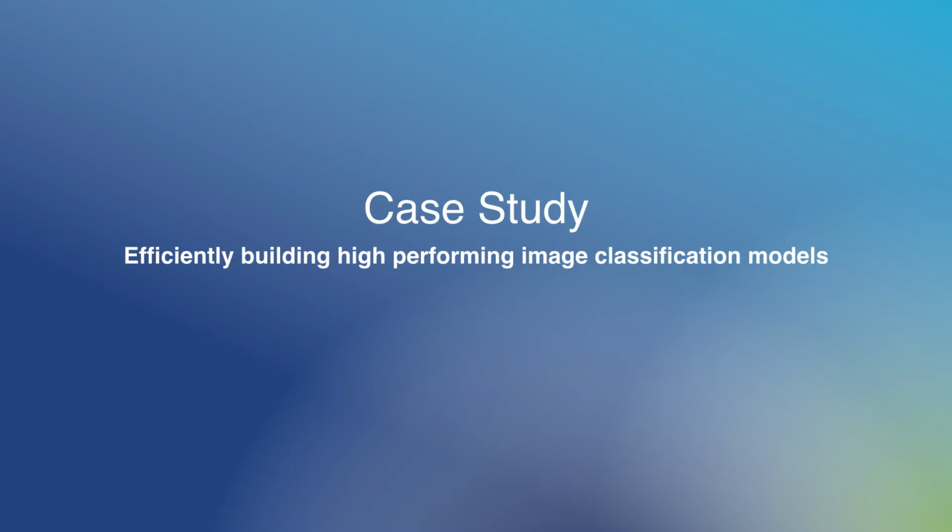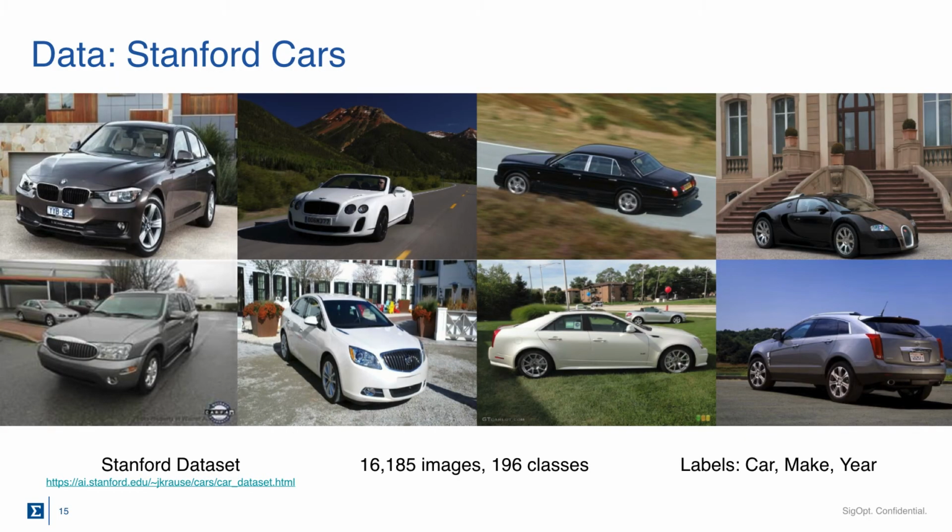So in our case study, we're going to look at efficiently building high-performing image classification models. For our data, we'll be using the Stanford Cars dataset. It's approximately 16,000 images over 196 classes. And the labels are very granular. They're car make, model, and year. And what makes this dataset a very good benchmark dataset is the granularity of the labels itself.